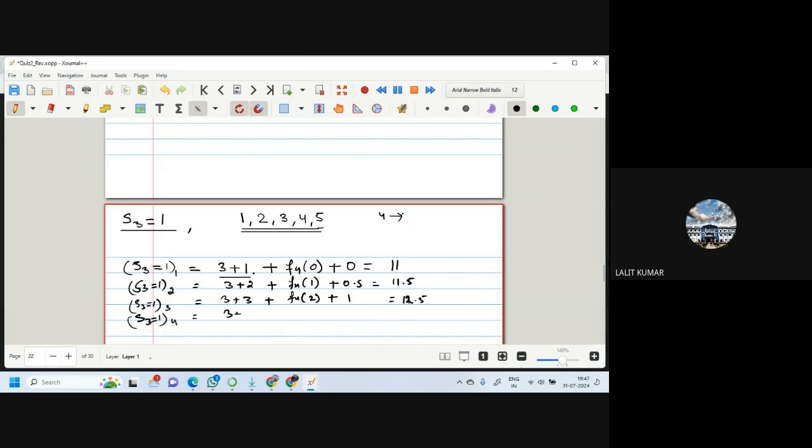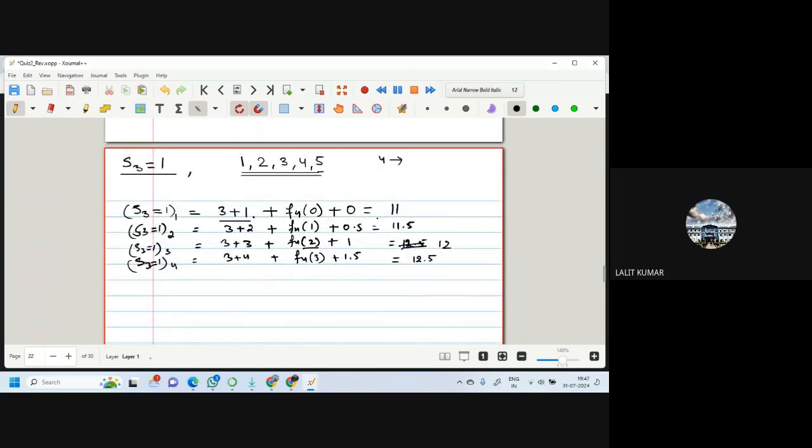So ordering cost is 3 plus 4. I carry forward 3. Carrying cost of those 3 is 1.5. F4 3 is 4. 7 plus 4, 11 plus 1, this is 12.5.